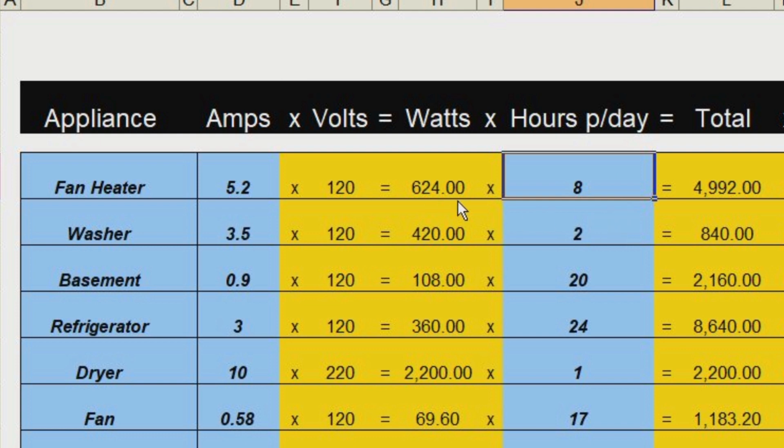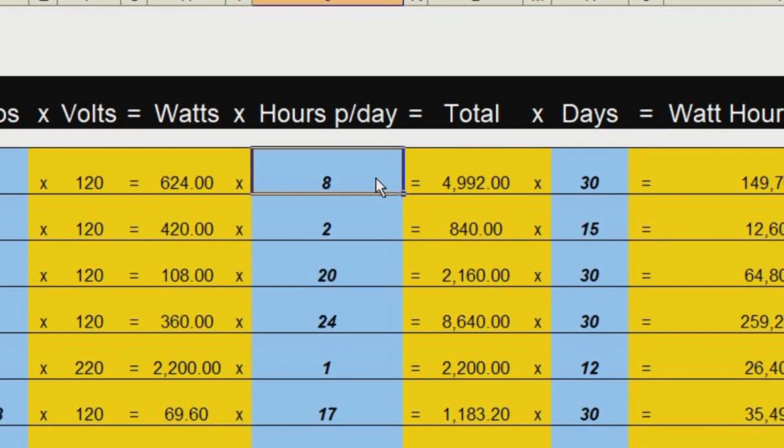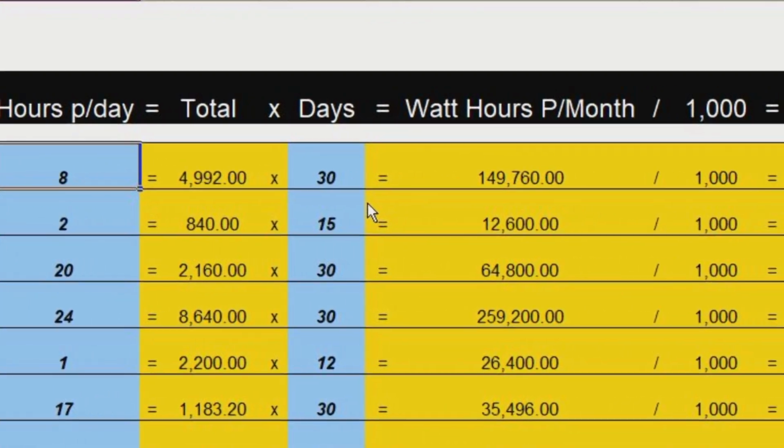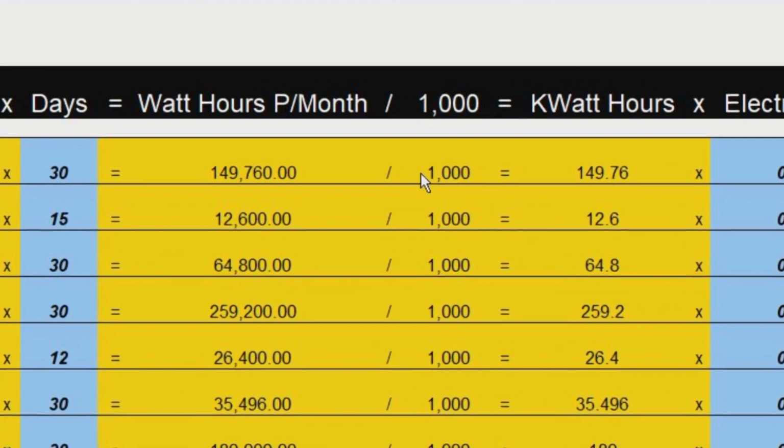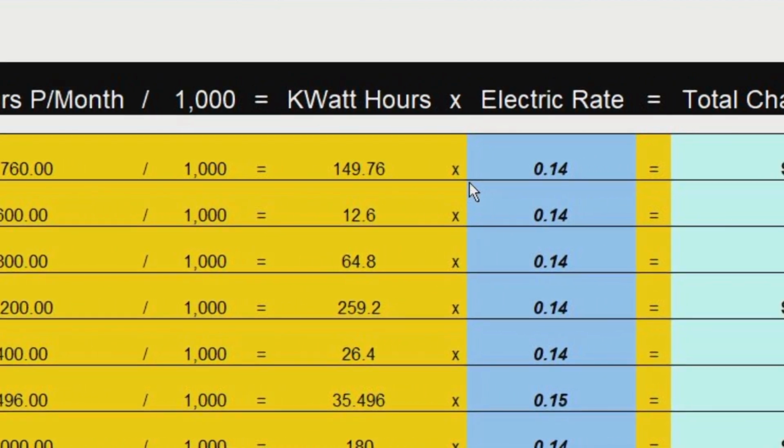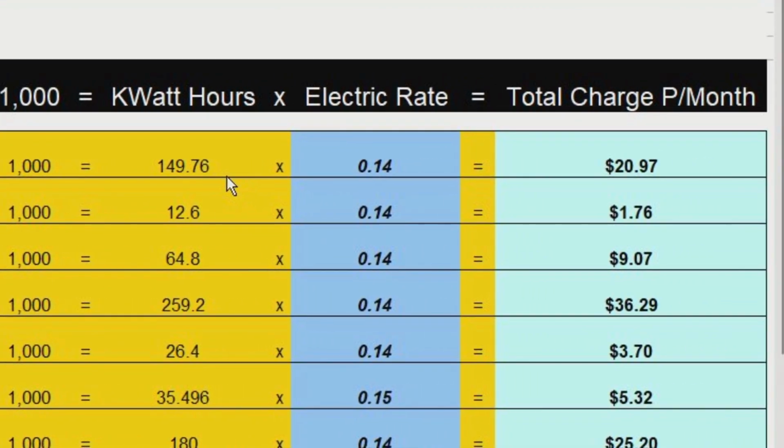In this case, we're using 624 watts, and that times 8 hours a day times 30 days in a month, we're using approximately 149 kilowatt hours, and we multiply it times 14 cents. If I use it on the number 1 setting for 8 hours every single day, I'm going to end up paying approximately $20.97.